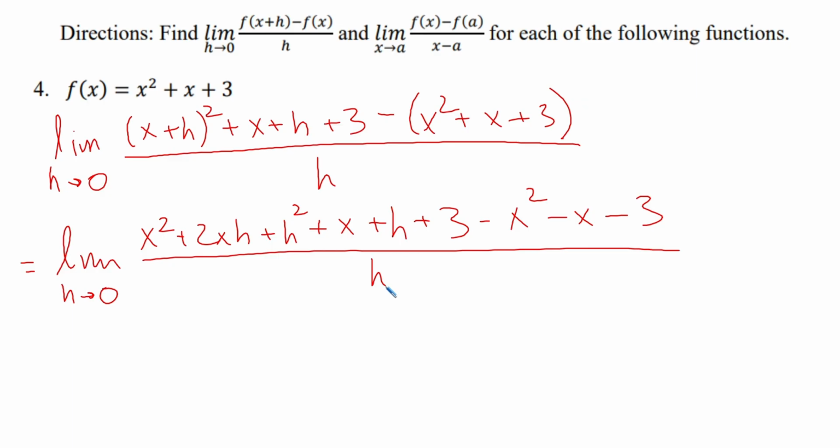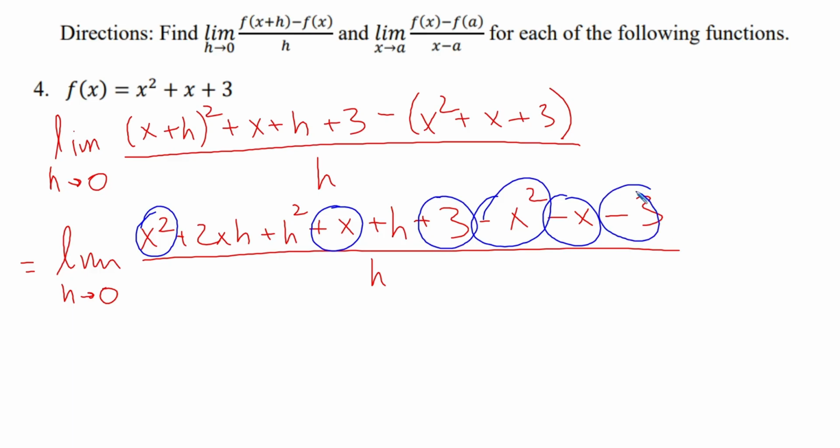So now we should see the exact same thing as what we saw before, which was all those terms cancel out. They don't have the h in them, so the x squared and the minus x squared, the plus x and the minus x, and the plus 3 and the minus 3. We should be able to get rid of all of those terms.